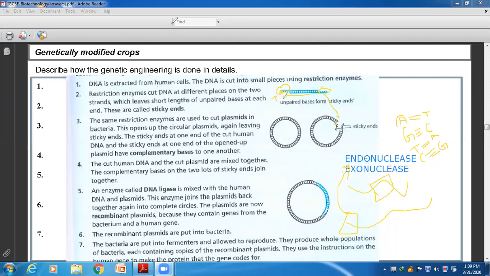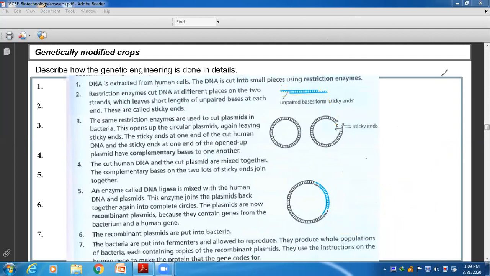I think it's clear to all, right? So this was about insulin production. Now let me move toward another question.